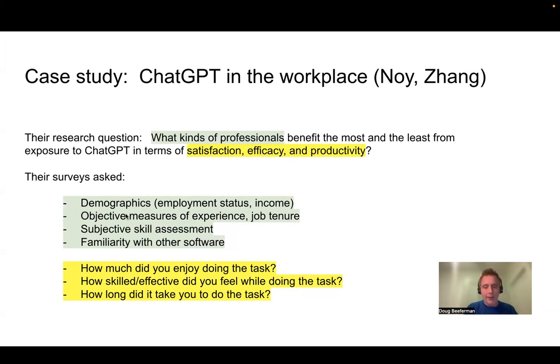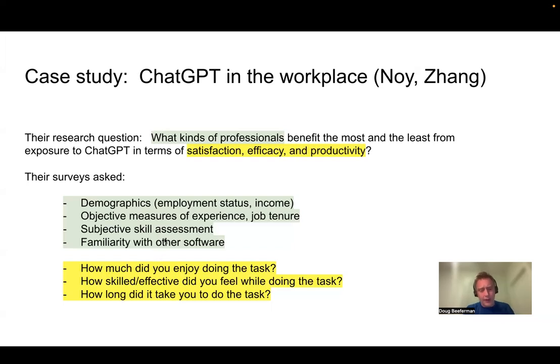They also ask objective measures, like how long have you been on the job, and then subjective measures like how good do you think you are at different things, and how familiar are you with existing software.